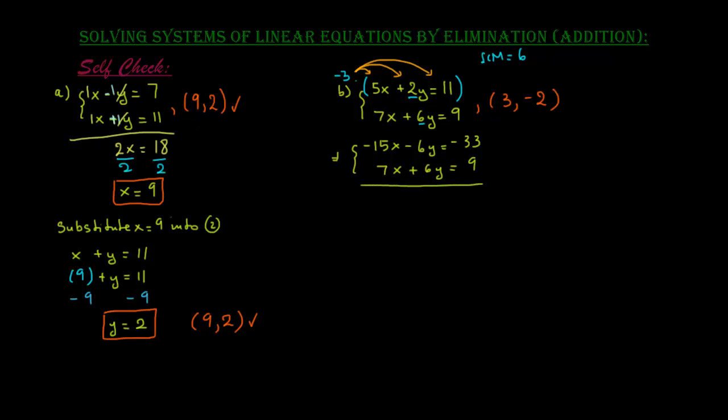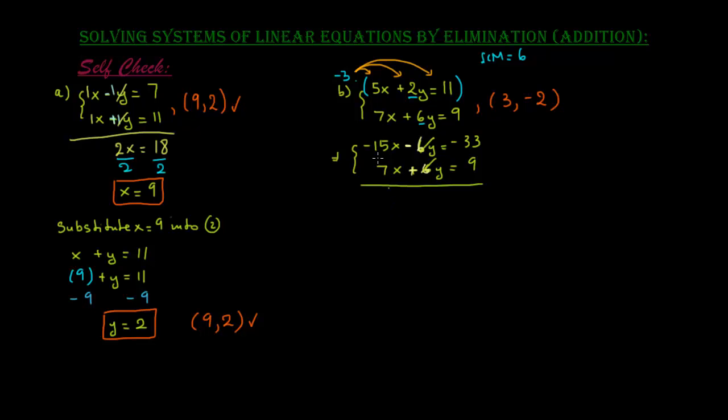So when I multiply the first equation by -3, I have -6 on y and +6 on y. They will be cancelled out when we add them together. So this will be cancelled out.